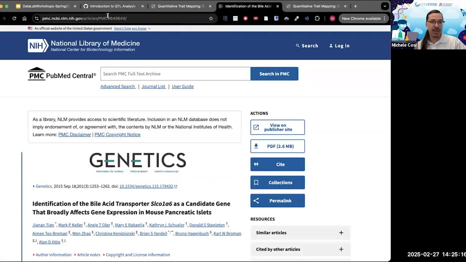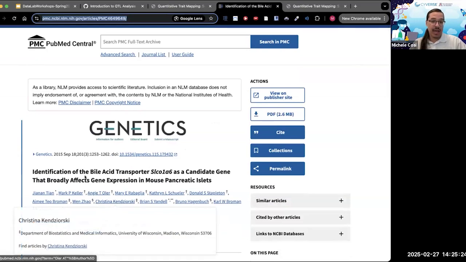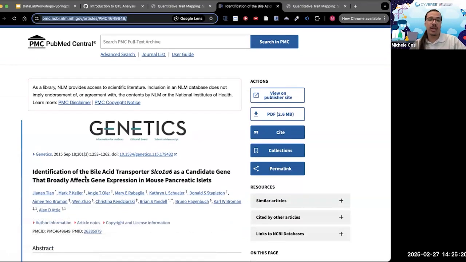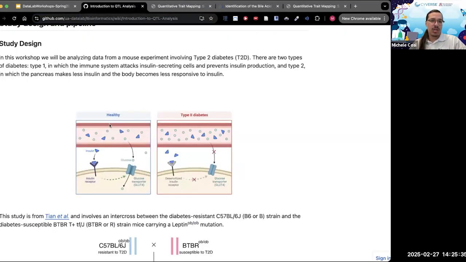If you do want to read the paper, I'm going to link it into the chat once again. The paper is titled Identification of a Bile Acid Transporter, SLCO1A6, as a candidate gene that broadly affects gene expression in mouse pancreatic islets.